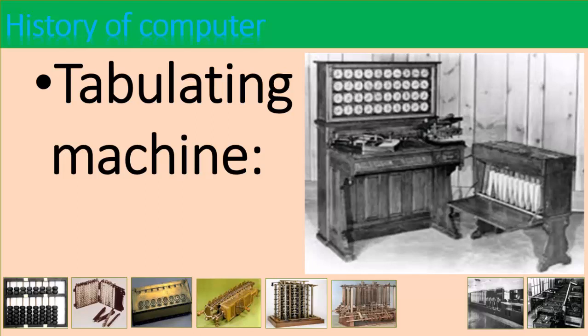It could tabulate statistics and record or sort data or information. This machine was used in the 1890 United States Census. The Tabulating Machine Company later became International Business Machines, also known as IBM, in 1924.